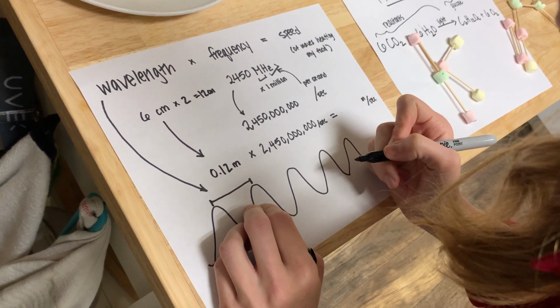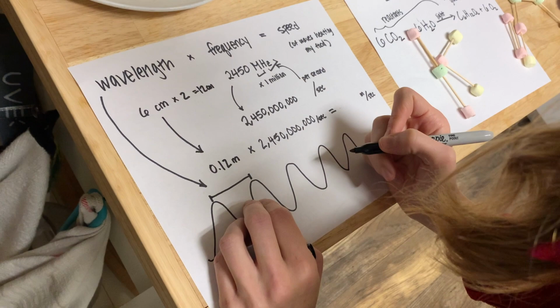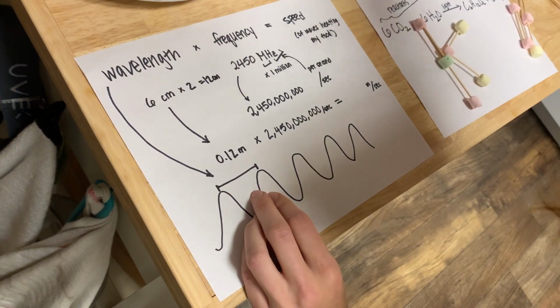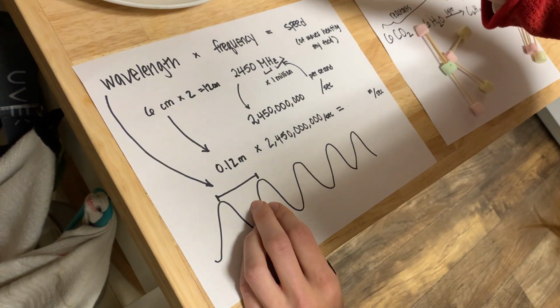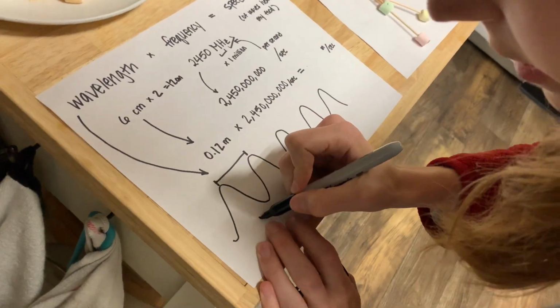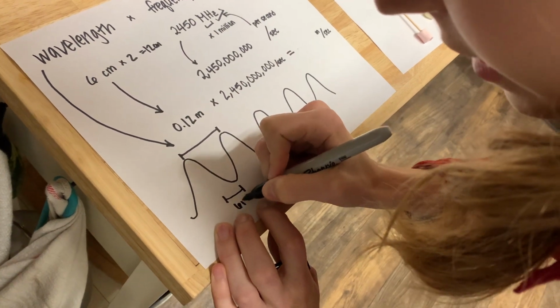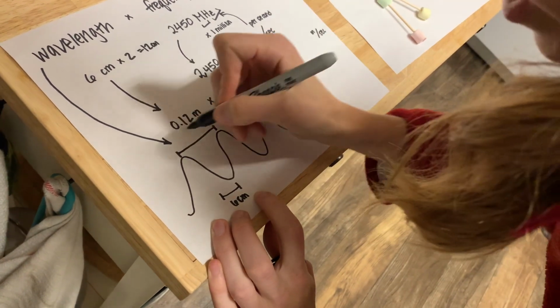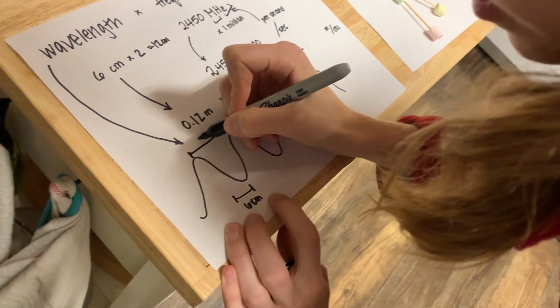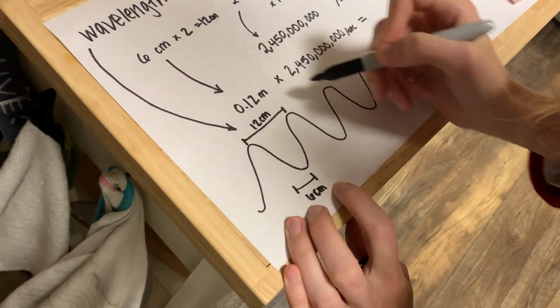So my wavelength is 0.12 meters. Now, if you're confused about why I multiplied by 2, my 6 centimeters was this distance. So in order to get my whole wavelength, that would be 12 centimeters. Now I turn that into meters.